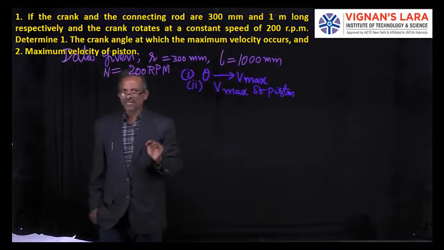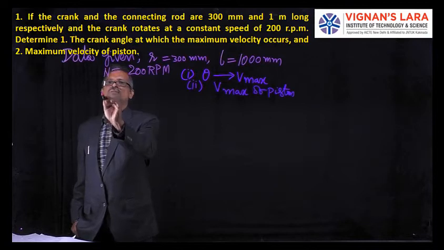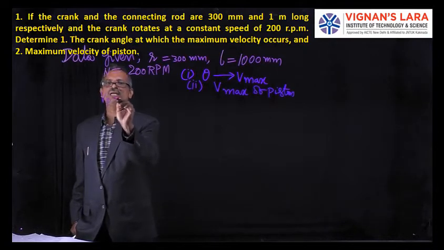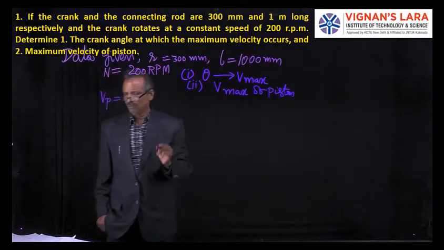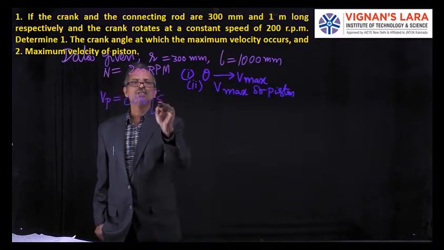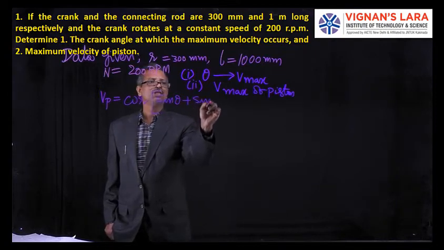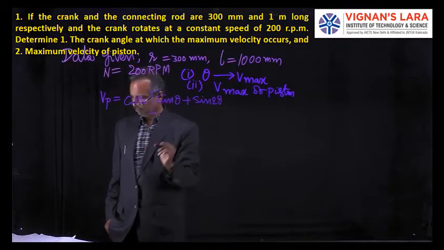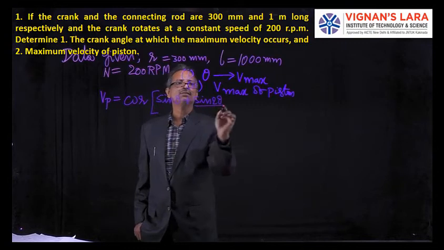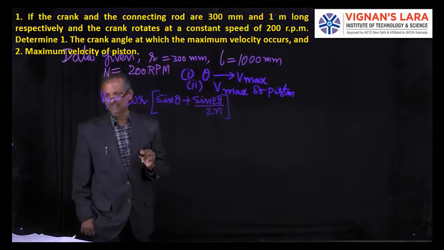So we have the basic equation of the velocity of the piston, which we have derived already: omega r into sin theta plus sin 2 theta by 2n. This equation is already known to us.